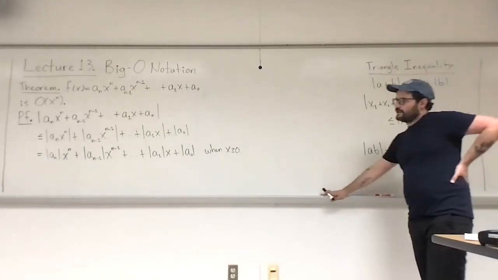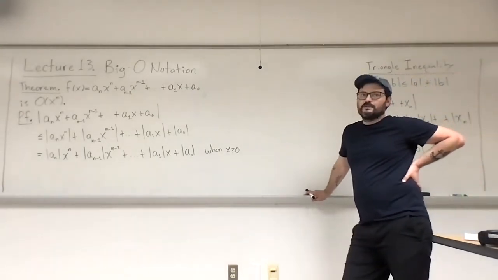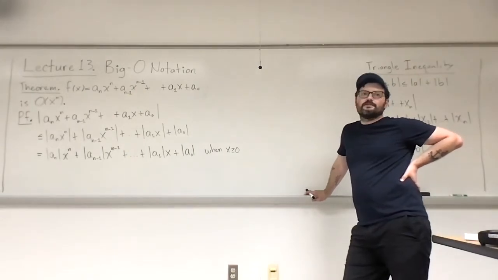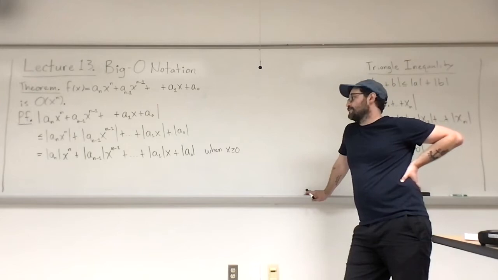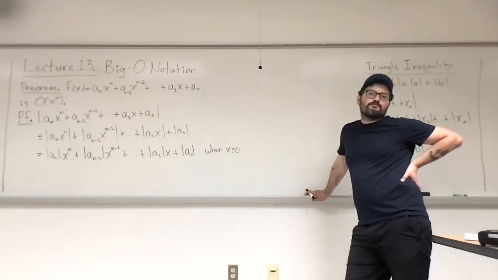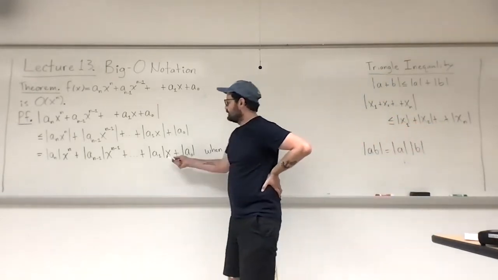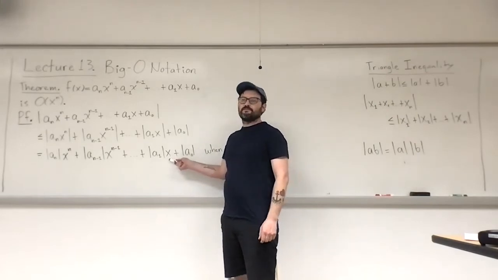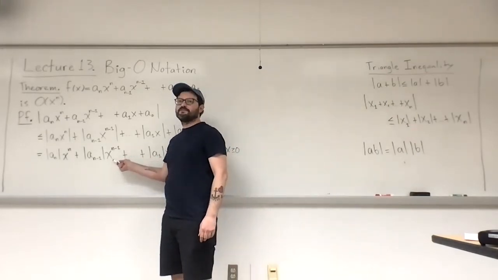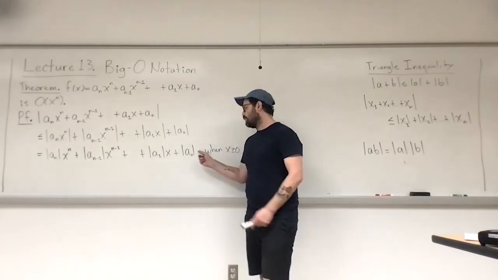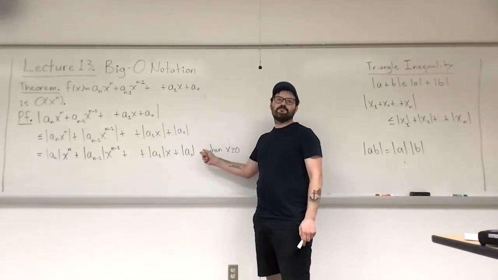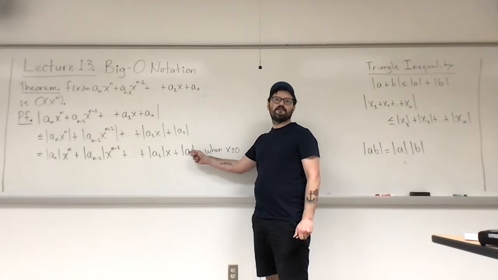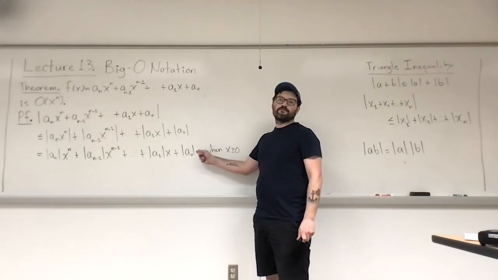Okay, so next up, we need to somehow write this as a product of x to the power n. Okay. So if x is greater than or equal to 1, that's at most x to the power n. And there's a 1 multiplying this a naught thing. So if x is greater than or equal to 1, x to the power n is greater than or equal to that 1.